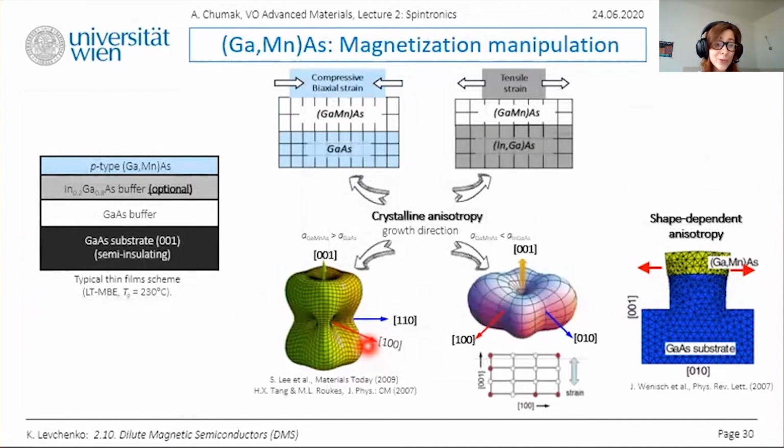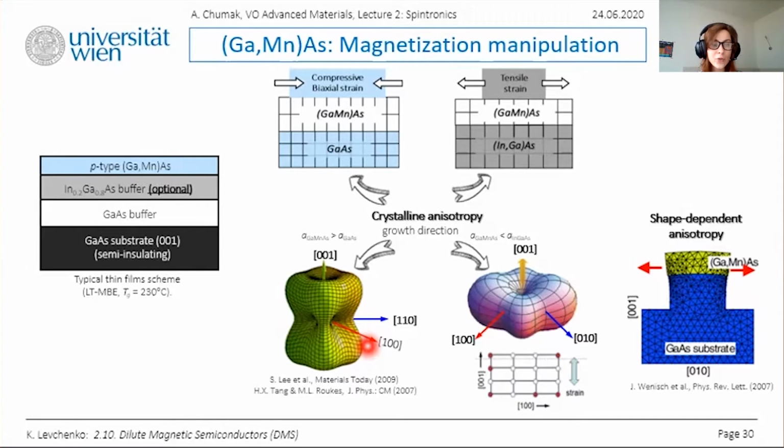So, as we understood, the manipulation of magnetization could be done via various means, and one of the easiest achievable for at least this type of material is manipulation with strain.